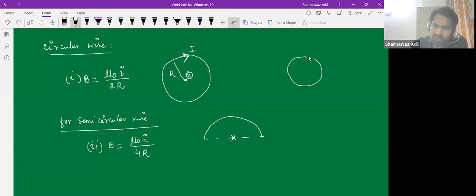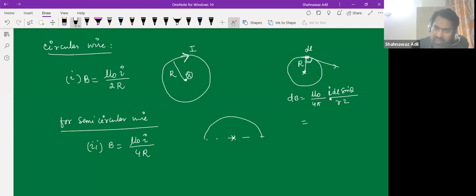Using the Biot-Savart law, we take this one as the dl length element. This is going tangentially. This is the r distance at which we are calculating the magnetic field. So dB is mu naught by 4 pi, and I dl sine theta divided by r square. Sine theta is perpendicular, so this is 1.